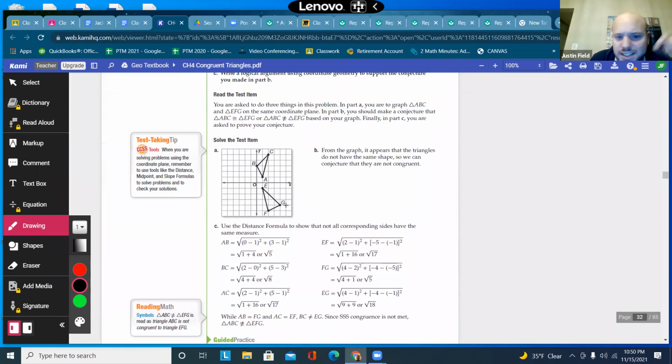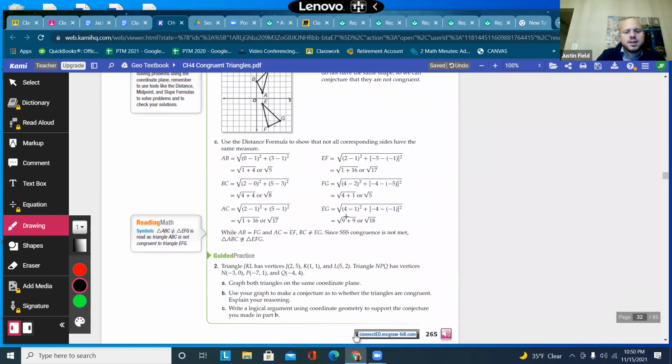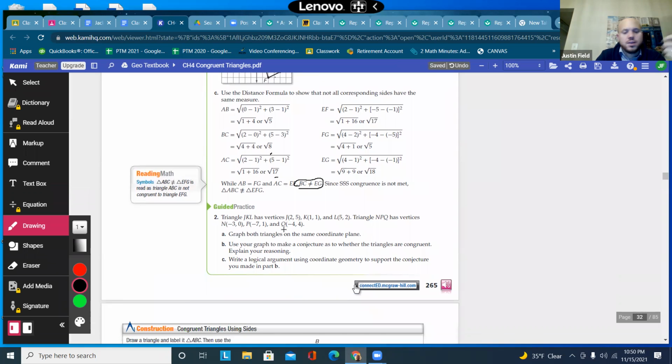So that's the distance formula, we could just use that to show that the corresponding side pairs are congruent, as they did there. After that, if they were congruent, we could say they're congruent by side, side, side. But as you can see here, they didn't all work out. What a shame. Anyway, all right.